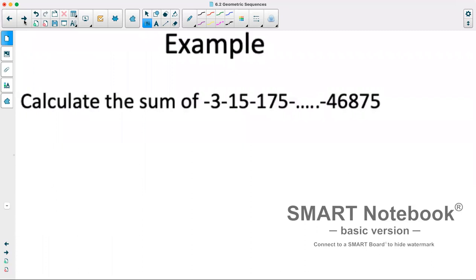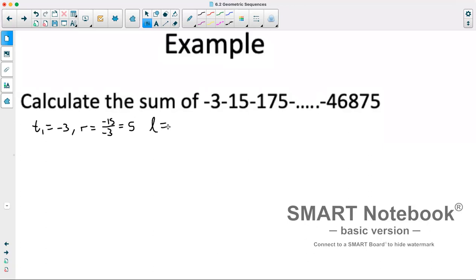Okay, next example, calculate the sum of -3, -15, -75, ..., -46,875. So in this case, we don't know our number of terms, but we have our last term. So we have term 1 equals -3. Our r would be -15 divided by -3, so that would be 5.